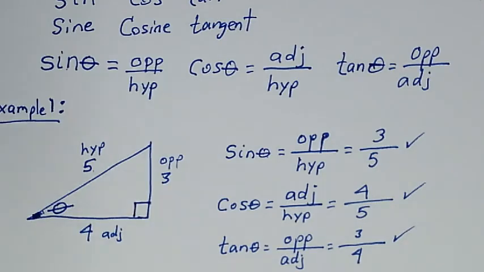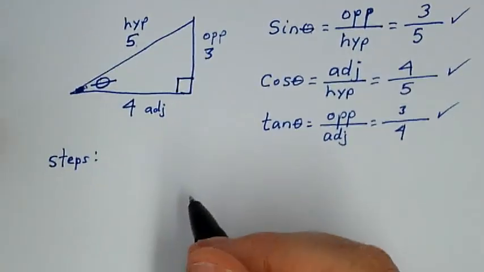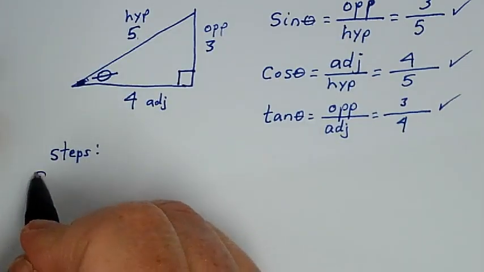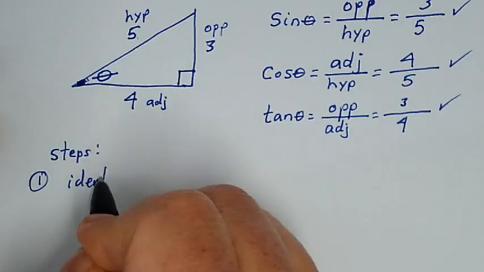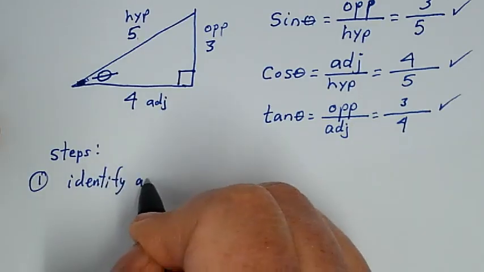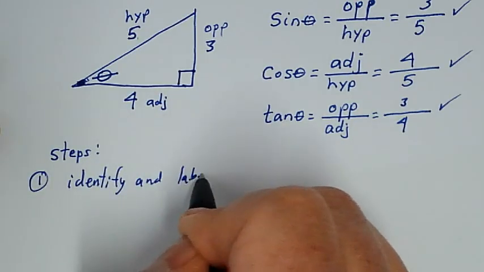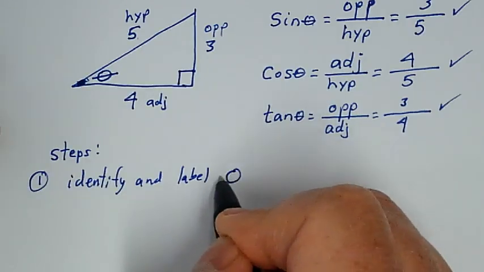So one thing I would do is maybe put some steps for this when you're trying to find sine, cosine, and tangent. The steps might be like, really quickly: what's the first thing I did? I will identify and label my reference angle theta.